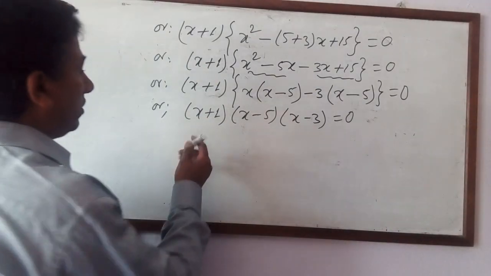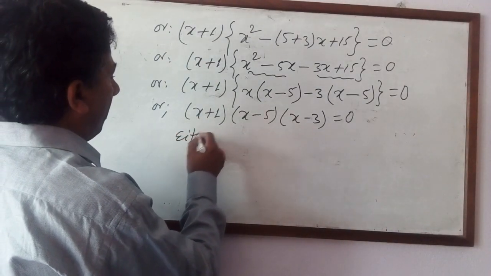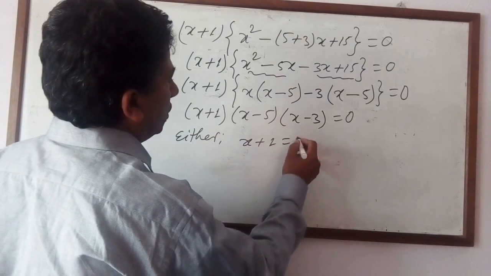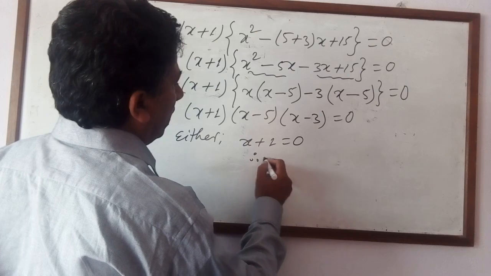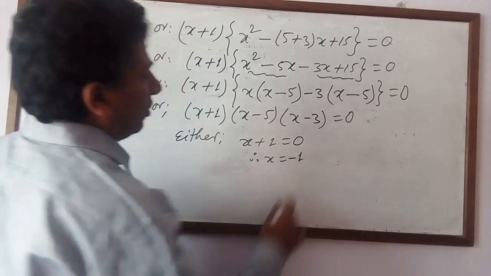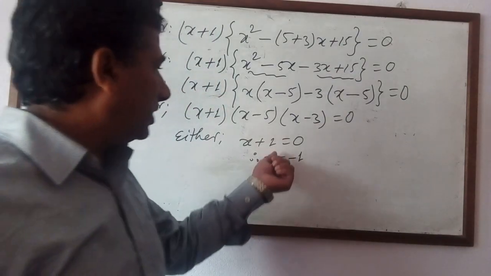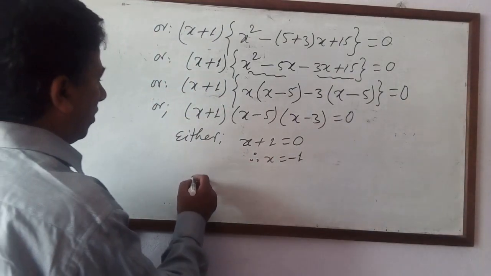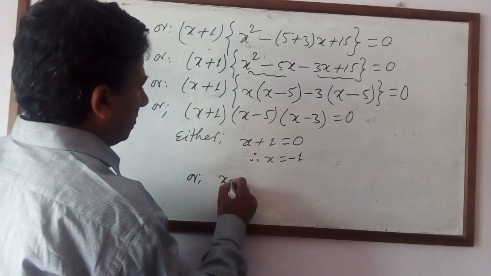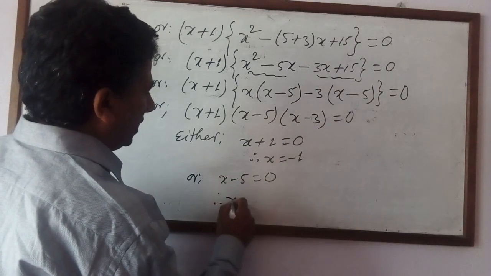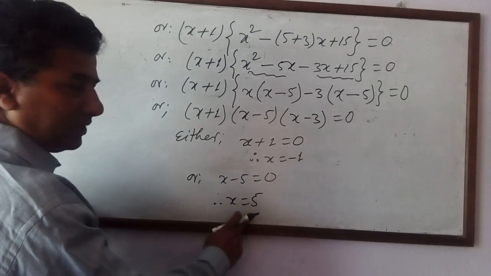Now either x plus 1 equals 0, therefore x equals minus 1. This x equals minus 1 we had found at the beginning, the same result. Or x minus 5 equals 0, therefore x equals 5, another value of x is 5.